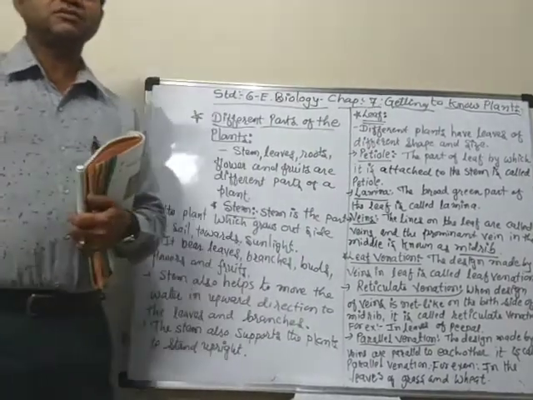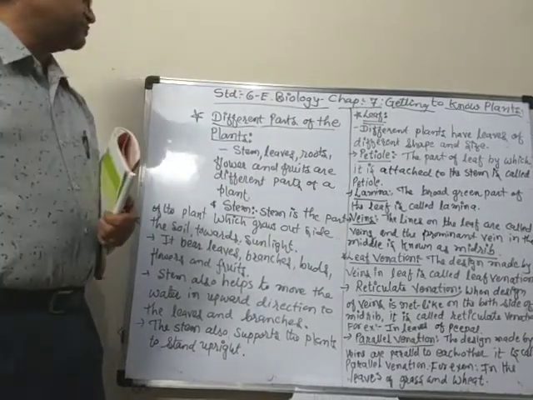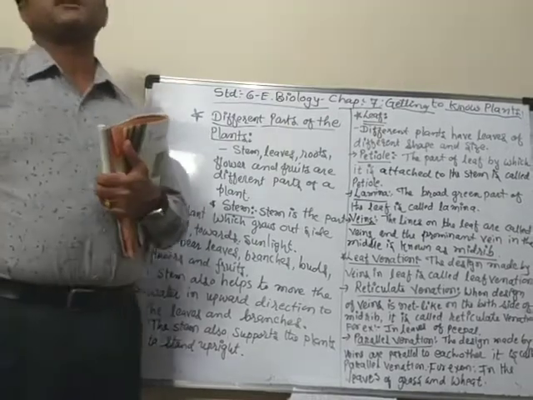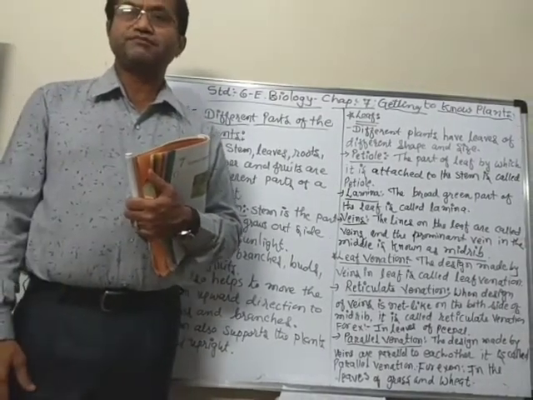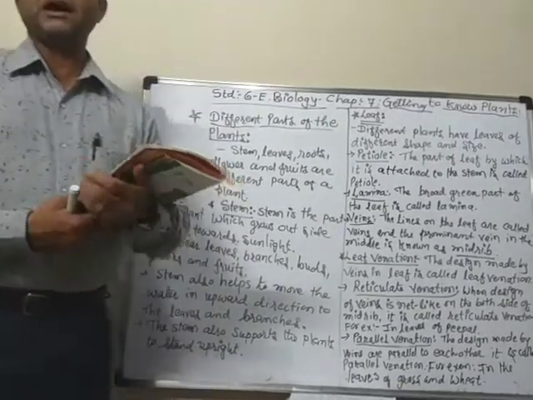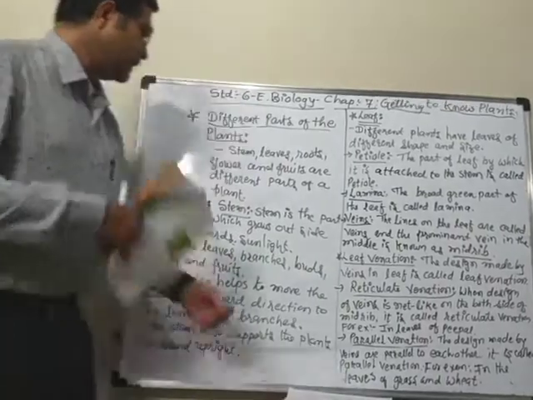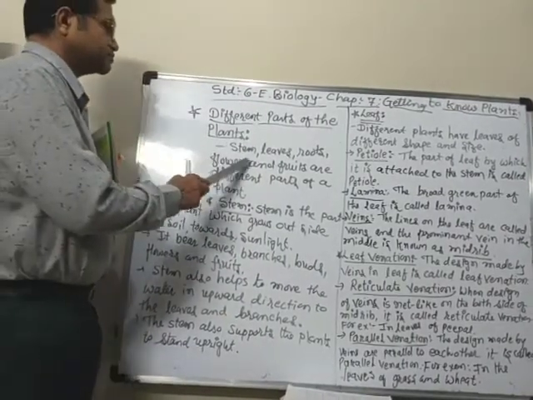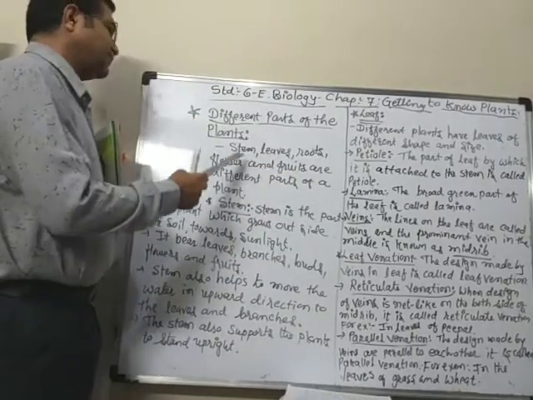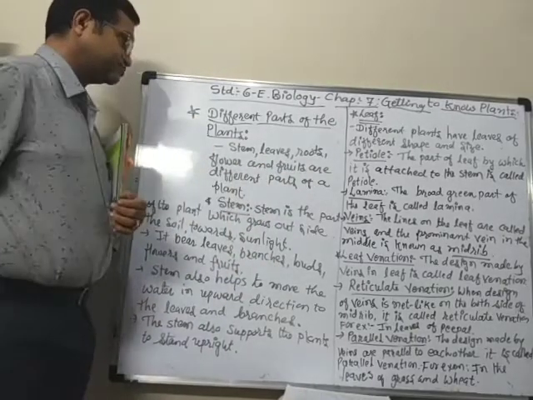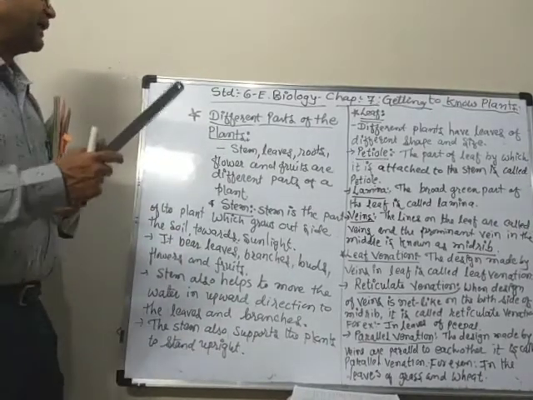Now in this video, in this lesson, we will learn about different parts of the plants. If you see a typical plant, then the plant can have different types of parts, like a stem, leaves, roots, flower and fruits. So those are the main parts of the plants.